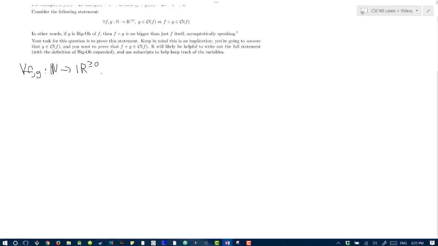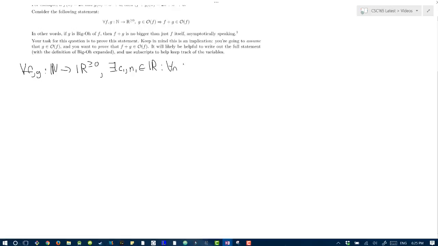And then let's have the first part. So we have g is in big O of f, and we're going to write c1 and n1 here so that we can differentiate, because we'll have two big O statements to unpack.